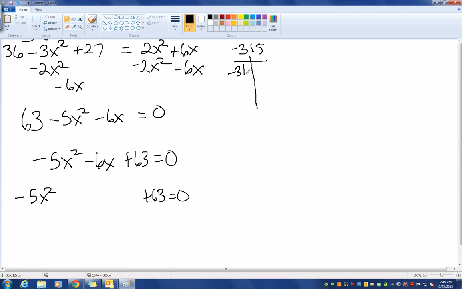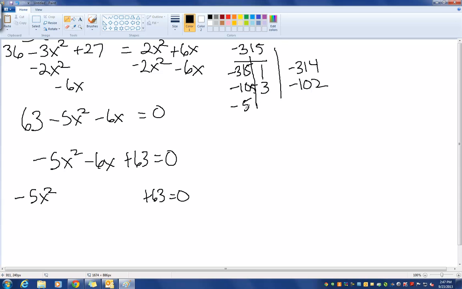Well, negative 315 and 1 multiply out to the right thing, but sure don't add to the right thing. How about, well, doesn't look like 2 works. 3 should work because these digits add up to a number that's a multiple of 3. So let's see, I've got 3 times what though? 105 negative. Still way too negative. 4 won't work.